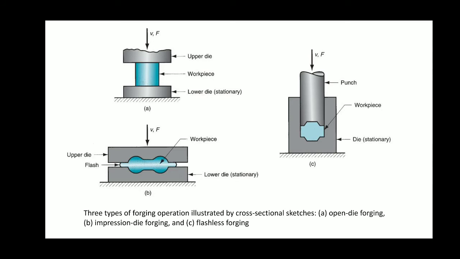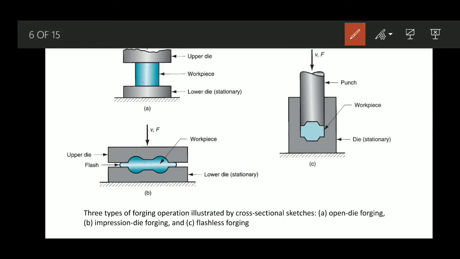Similarly, in the second figure, you can see the impression die forging, where some impression has been given to the two halves of the dies. Once again, the lower die is stationary, the upper die is moving, and the upper die is giving the compressive force. And you can see the excess flow of the material, which is actually exceeding the required final shape.